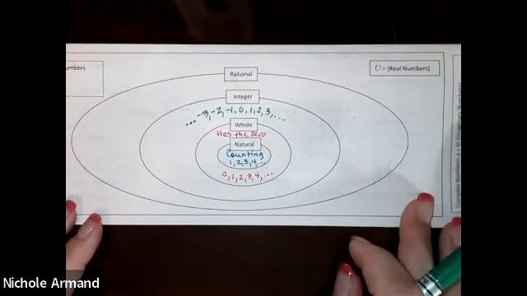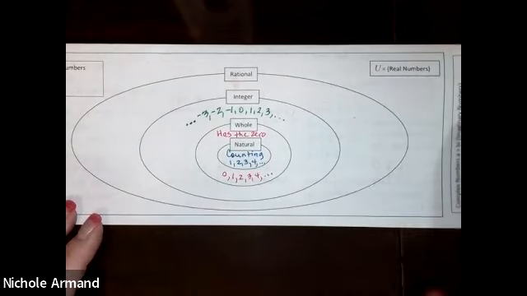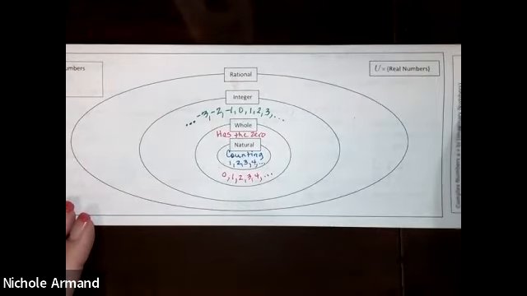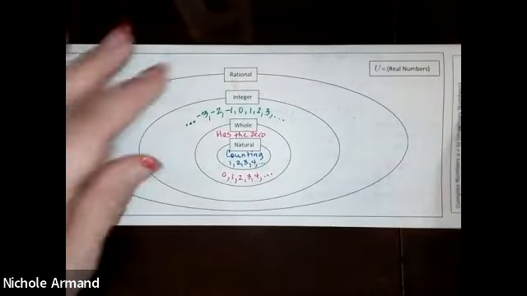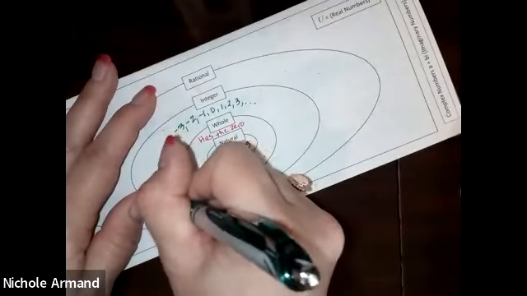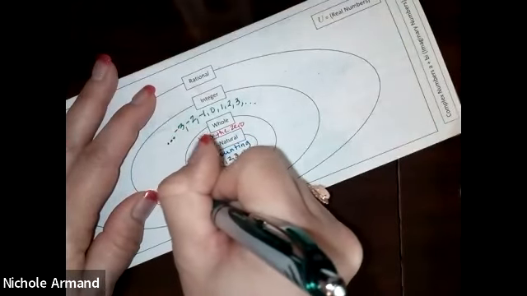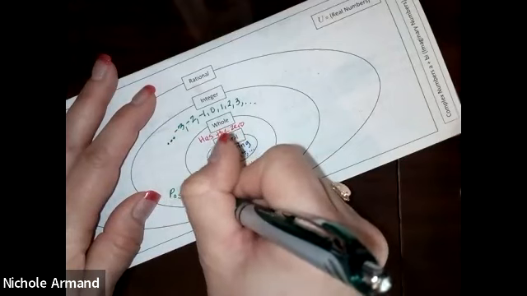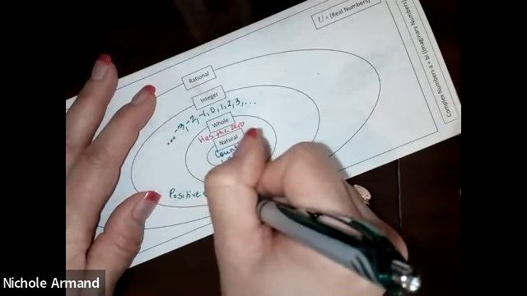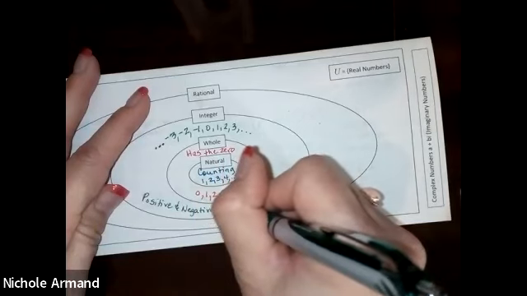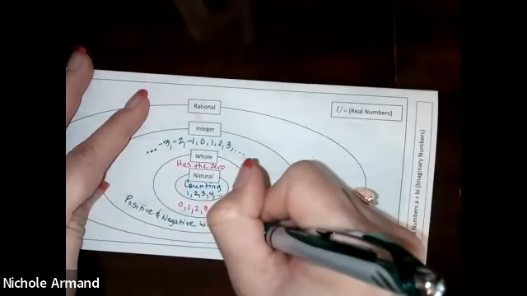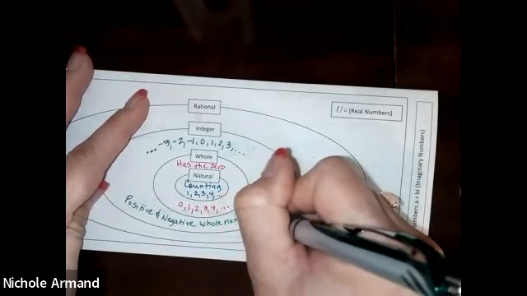So we are talking about the positive and negative whole numbers and 0. And we talk about the integers. So we're going to write positive and negative whole numbers and 0.